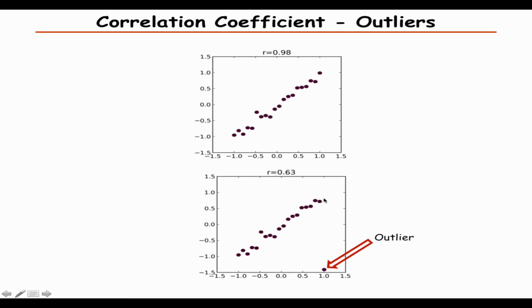Except for the outlier, it's exactly the same data points. So again, the same as with the linear regression, one outlier will cause a big drop. It will make a big difference.